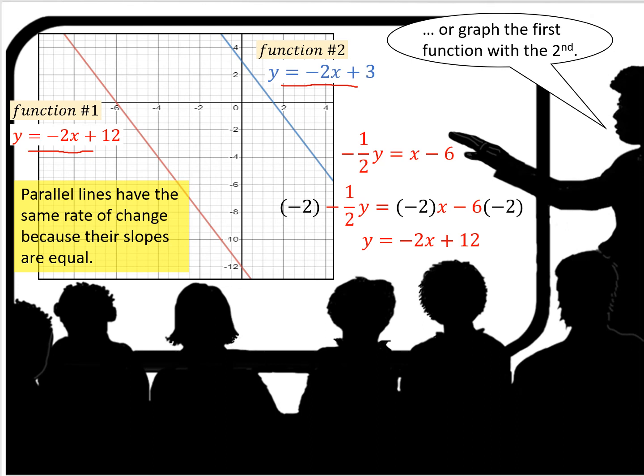That's after we put it in slope-intercept format. And we recognize that parallel lines have the same rate of change because their slopes are equal. So once we graph both lines and we see that they're clearly parallel, then we would already be able to say, hey, the rate of change for these is the same.